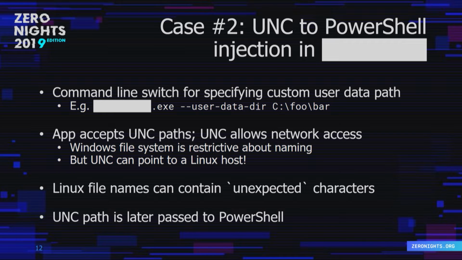So what if you have a Linux server that's naming files in a Linux way, and then you have a Windows client that's loading those files and assuming that your files can't have any funny names? That's where things go wrong. So, yeah, suddenly the developer's assumptions no longer held.